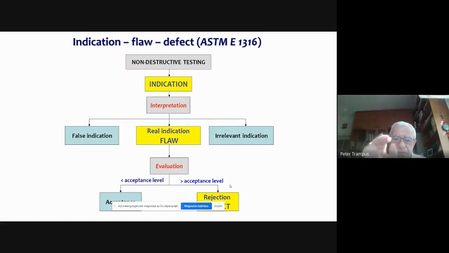And the expert should first interpret the indication and select the real indications, which we can call flaws, from the indications, because there are irrelevant indications and there are false indications. And if we have the real indication, if we are sure that the indication we found is a flaw, then we have to evaluate.